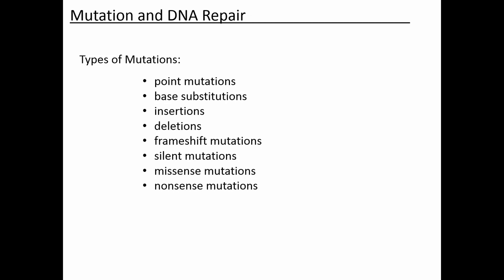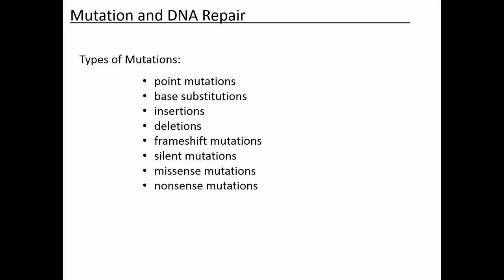In addition to telling you where to start, it also sets the reading frame. Because the start codon is here, you read the next 3 nucleotides as the next codon, then the next 3 after that, and the next 3 after that. So the start codon sets the reading frame. It determines what 3-letter words you read as you move down the mRNA molecule.